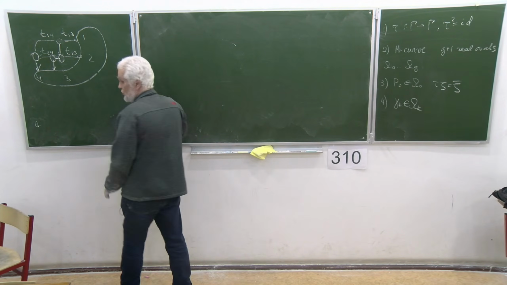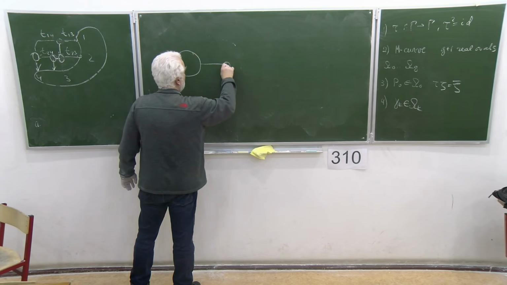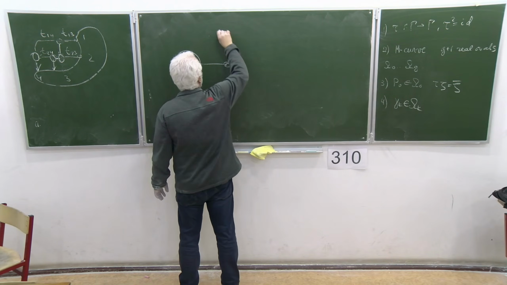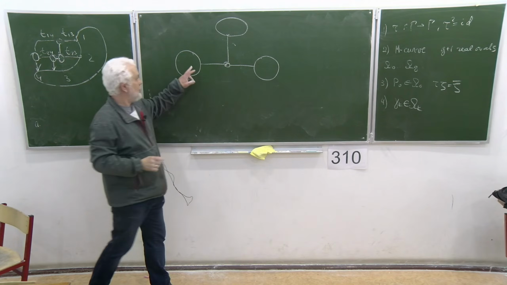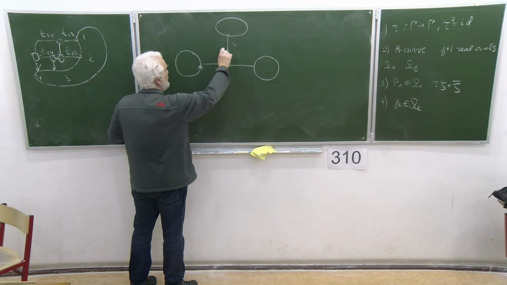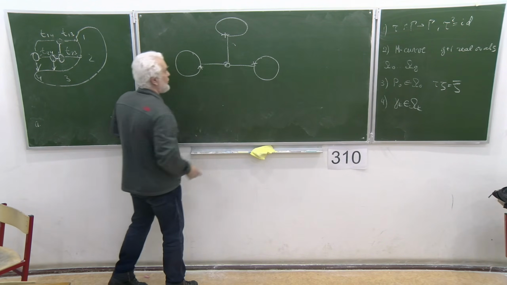Another situation may be the following. For example, let me draw. I'm sorry, I planned to use a picture. You have this configuration, and simultaneously three divisor points go to the double point. You see?